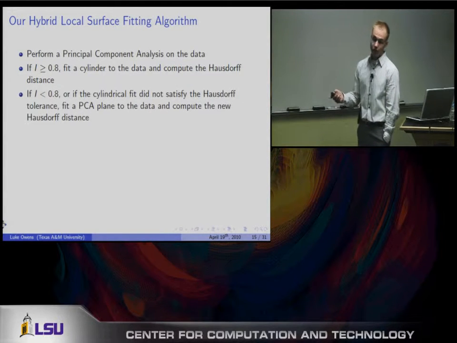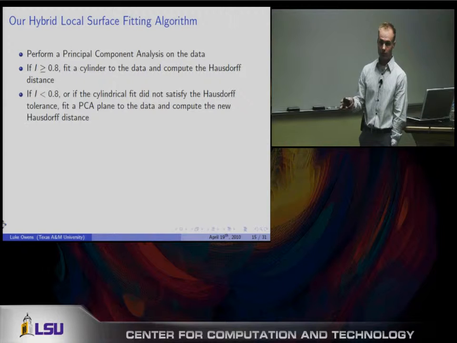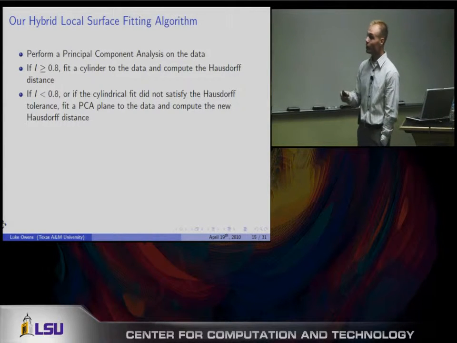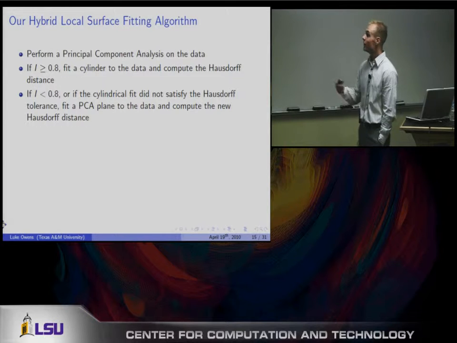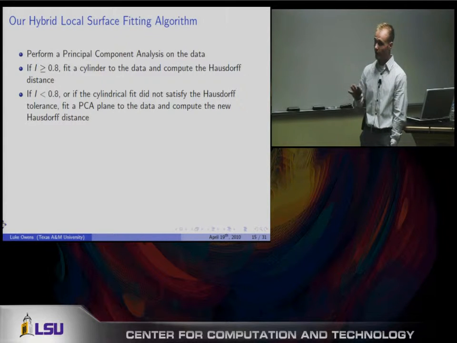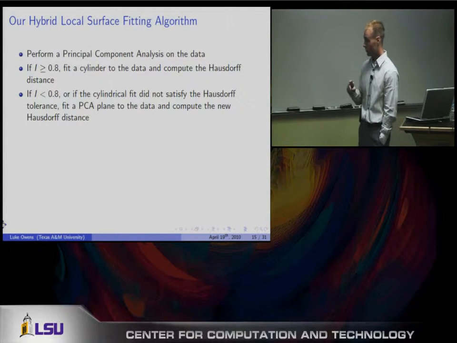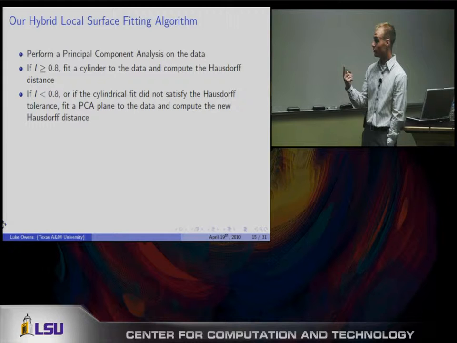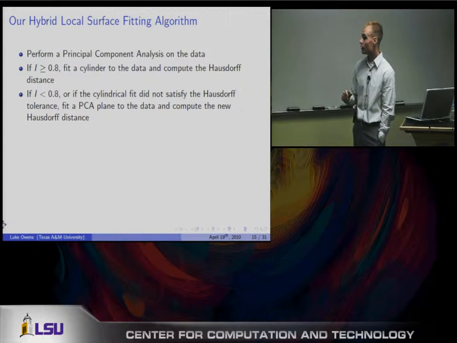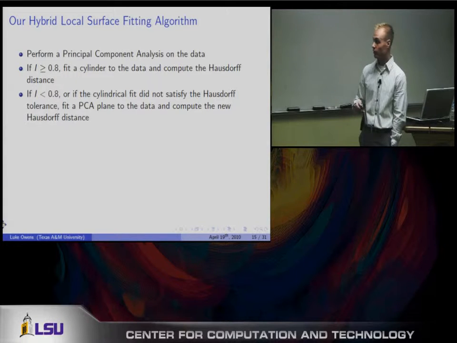If we didn't fit a cylinder because it's not a linear structure, or if the cylindrical fit did not satisfy the Hausdorff distance, we fit a plane to the data. Fitting a plane is very simple and very fast, especially after we've done the principal component analysis. We already know what the normal vector of the plane is. So why not just fit the plane, and we compute the new Hausdorff distance.